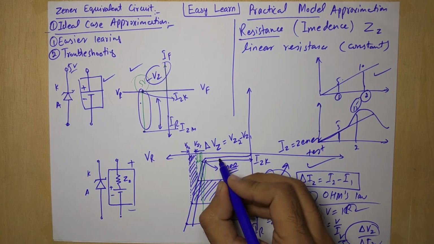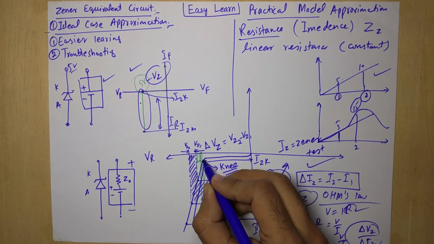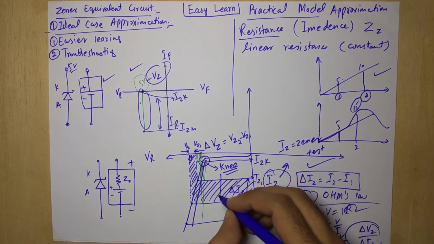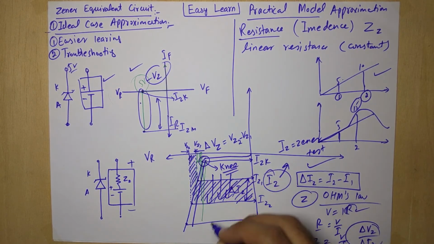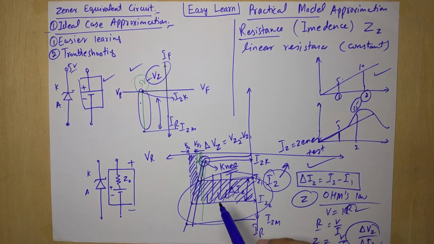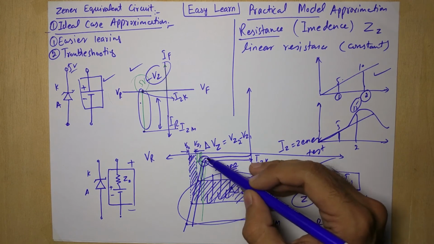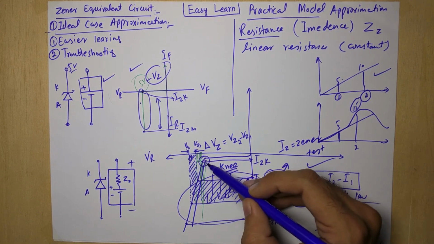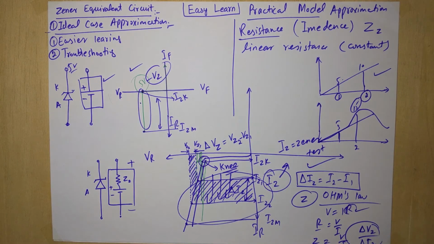The resistance changes very fast there, so it is better to operate in the region away from the knee, because here the resistance is changing quite fast, a dramatic change can be seen.